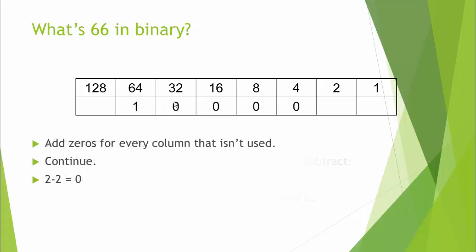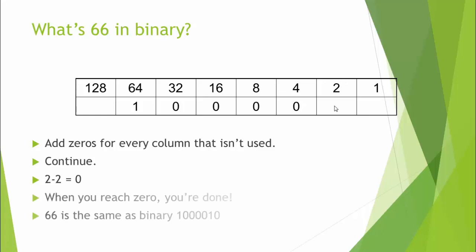That means we don't need any 32s, we don't need any 16s, we don't need any 8s, we don't need any 4s. But when we get to the 2, we do need one of those. 2 minus 2 is 0. We're not going to need any 1s. And so we found our answer. 66 in decimal is the same as binary 1, 0, 0, 0, 0, 1, 0.